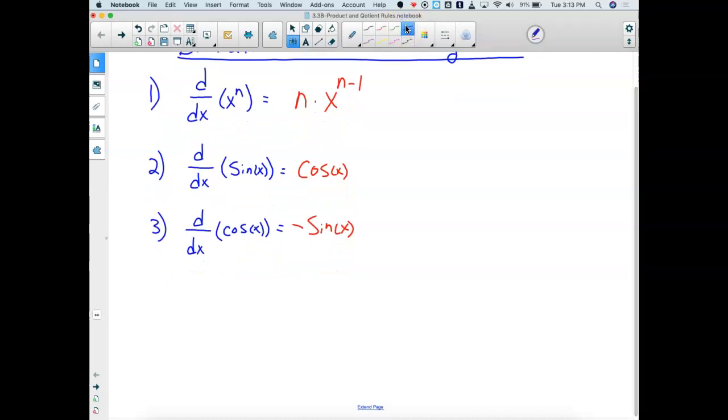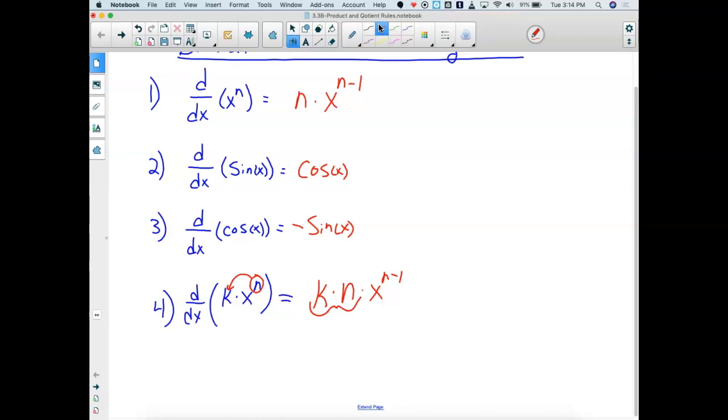The derivative of k times x raised to the power n, where k is a constant and n is a constant, is simply the constant in front times that exponent when it comes down, times x to the n minus 1. You take the exponent times the coefficient, and it gives you a new product that goes in front of that x, dropping the power by 1.